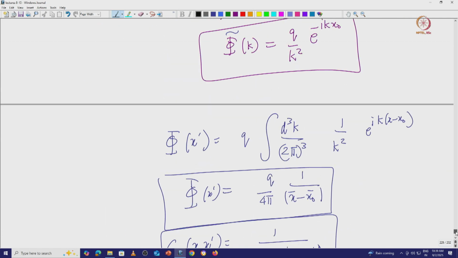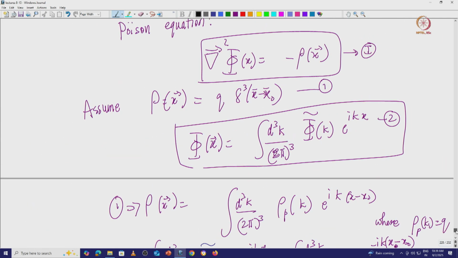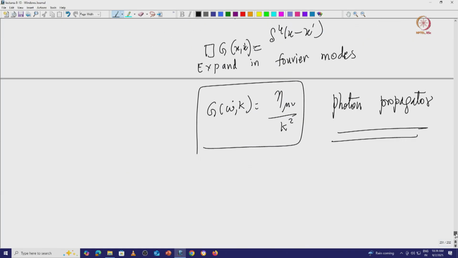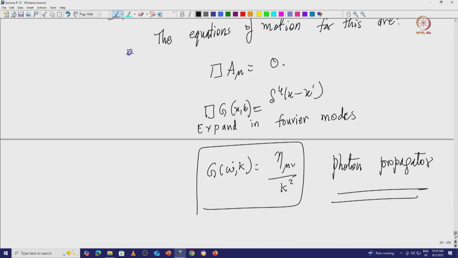So you have first an analogy of a known example. I have given you an example of solving the Poisson equation, and essentially the same thing you can expand in the same fashion. Now when you do it in quantum field theory, there are a lot of subtleties and details involved, but right now we are brushing aside all those details, there are several issues with the gauge and everything.